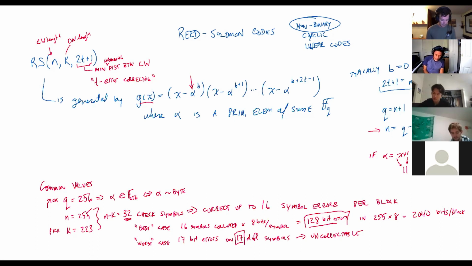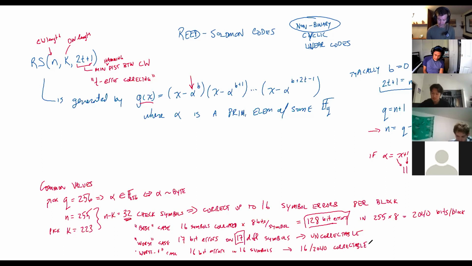Okay. So the last thing I have here is the second worst case, worst minus one, which would be 16 bit errors in 16 symbols, which is correctable. That means I can tolerate 16 bit errors in 2040 total bits.